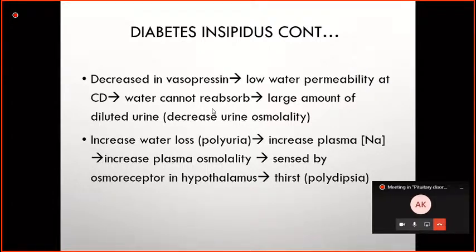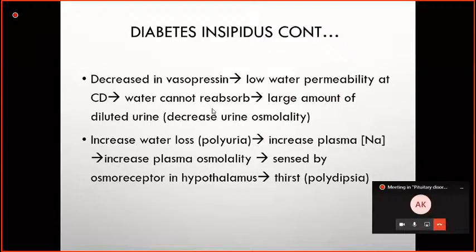But when we talk about the pituitary, it's enough for you to understand what diabetes insipidus is, and a little bit of the biochemical investigations related to it. That's all.